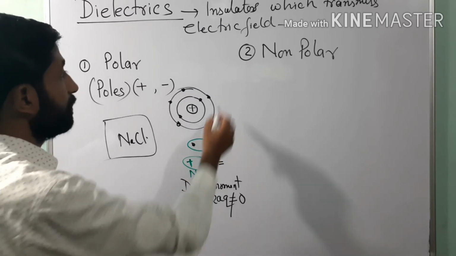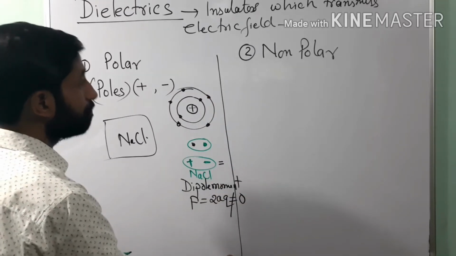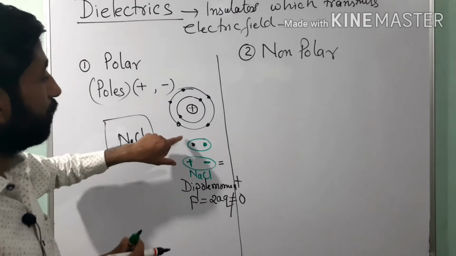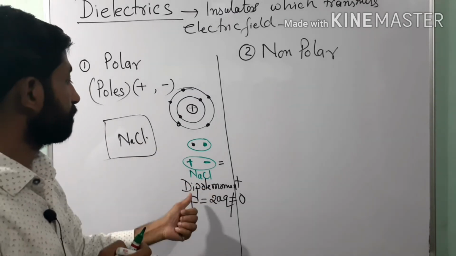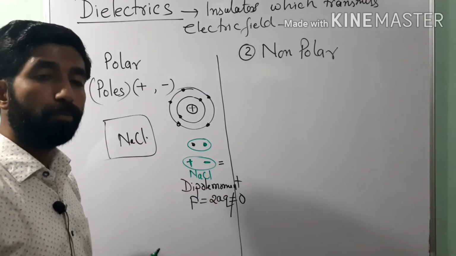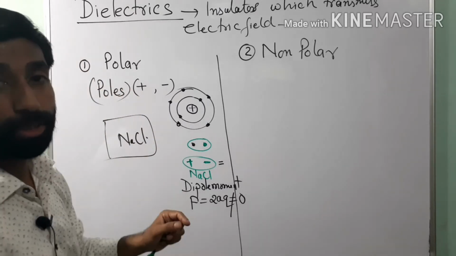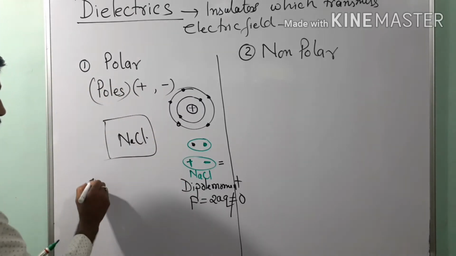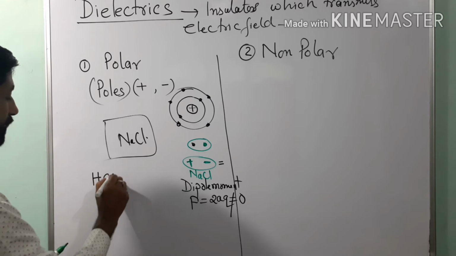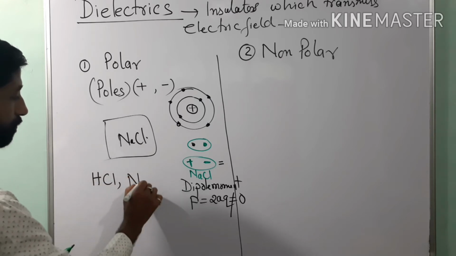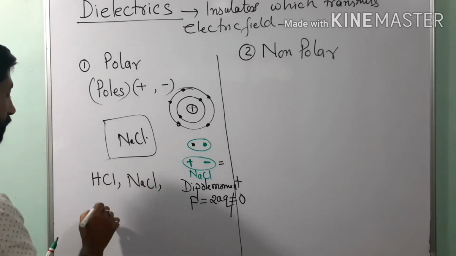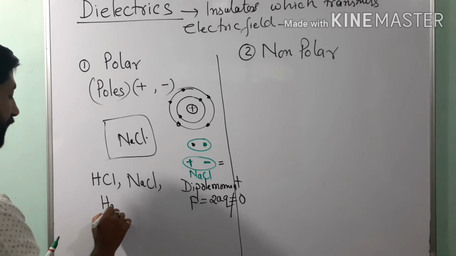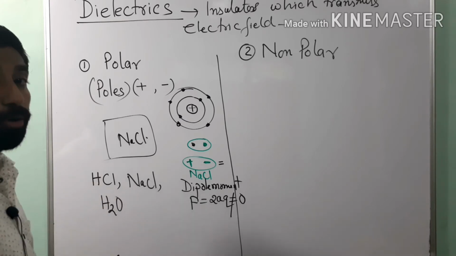So coming back to the idea of polar molecules, all those molecules which have non-zero dipole moment are called polar molecules. So we can have a few more examples: one is HCl, NaCl.